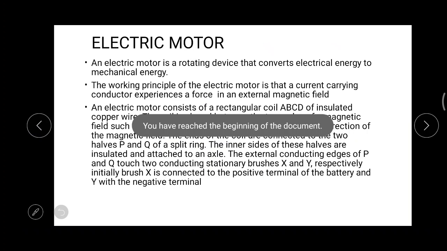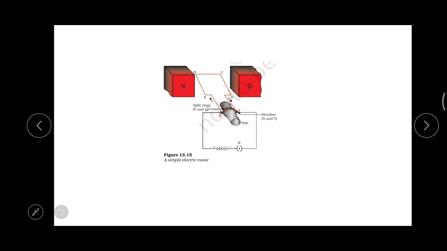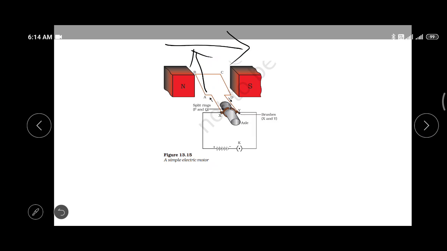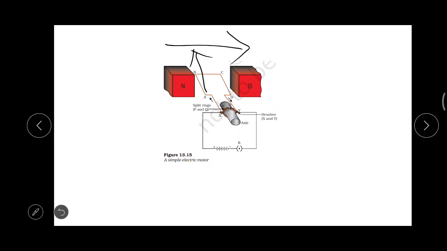So Fleming's left hand rule gives that if the current direction is into the plane, and the magnetic field direction is from left to right, or north to south, then the force acting upon that particular arm will be acting downwards.